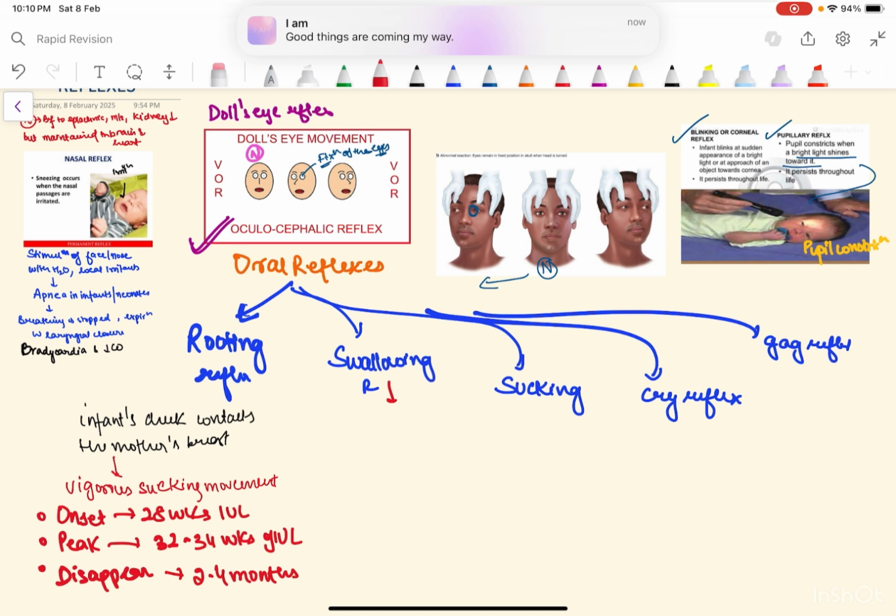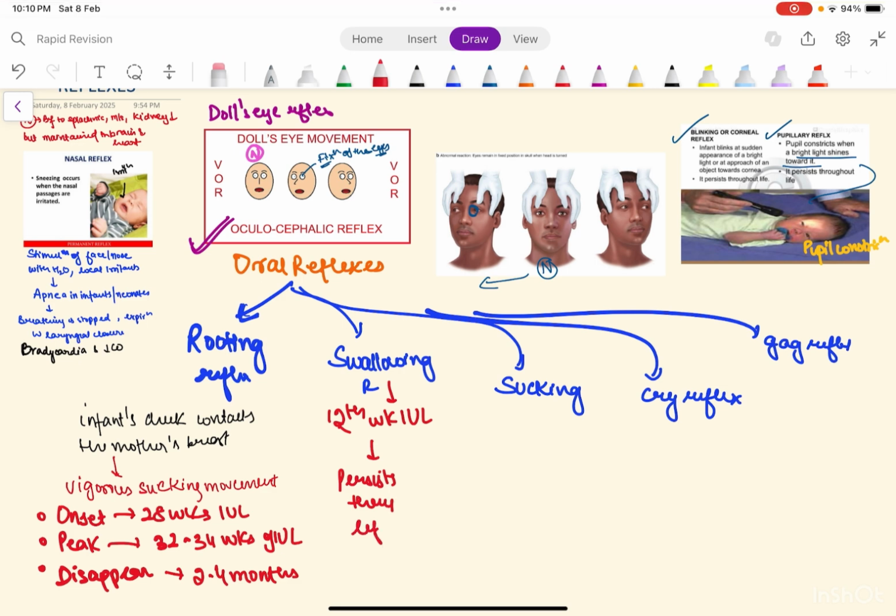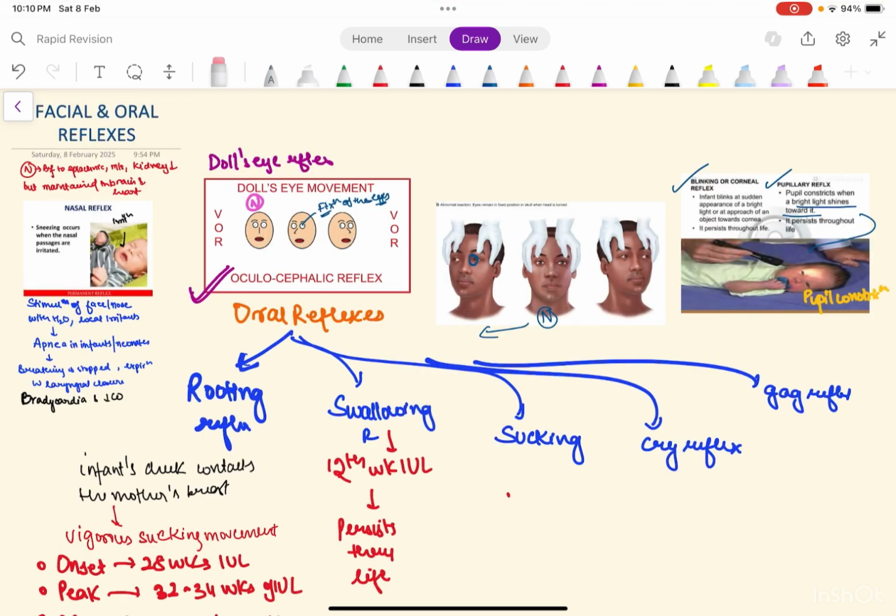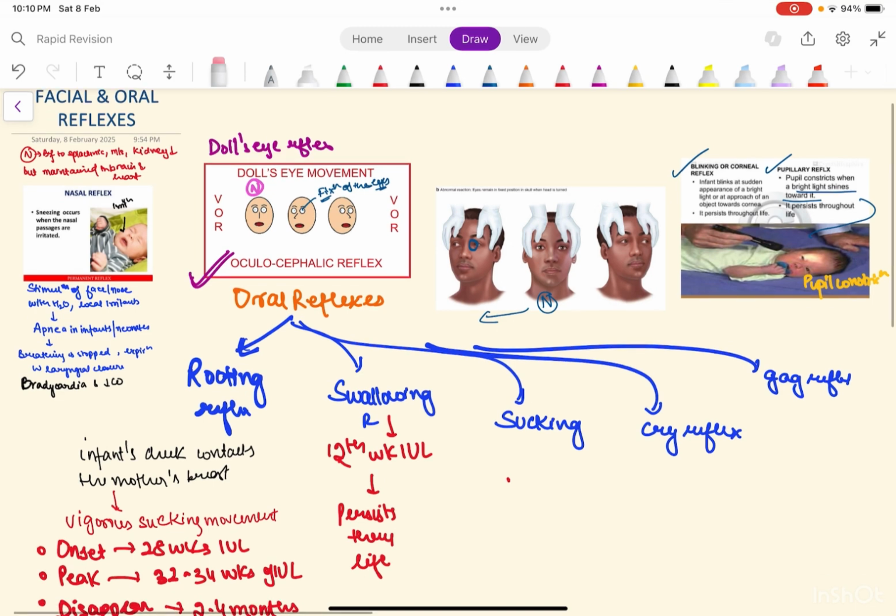Then the swallowing reflex: when the child starts developing the swallowing reflex, it is in the 12th week of intrauterine life and it persists through life.